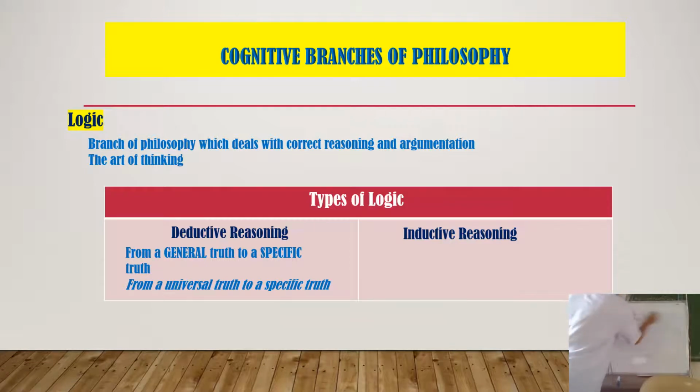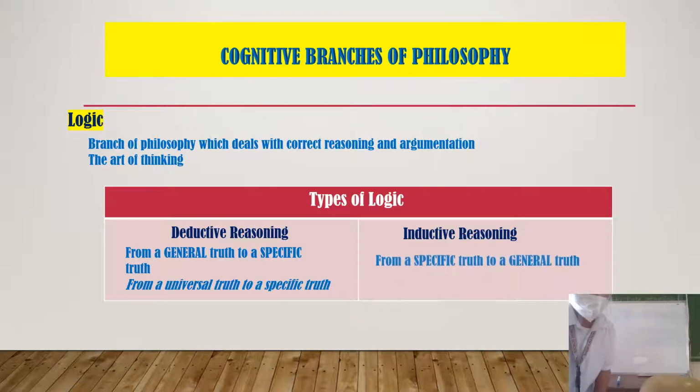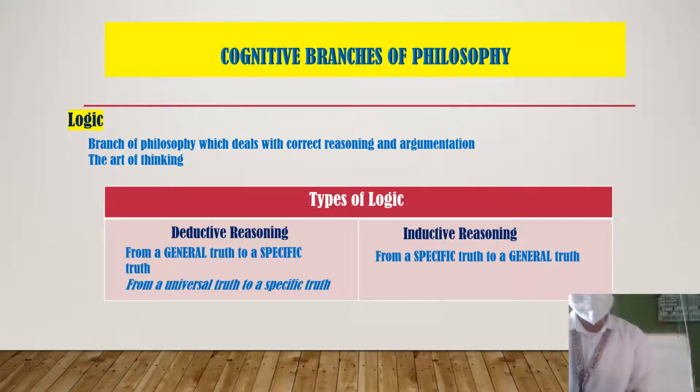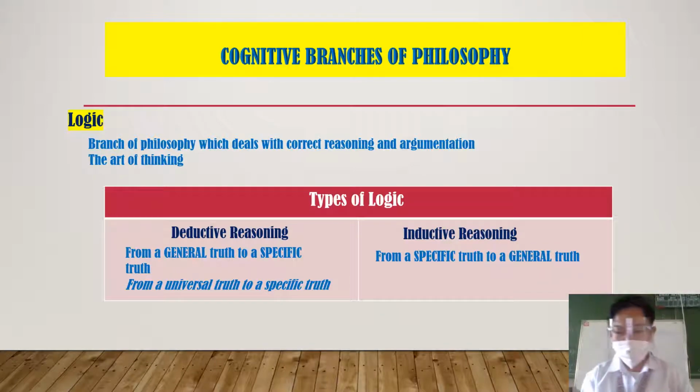reasoning. Okay. Now let's move on to inductive reasoning. So when we say deductive reasoning, it is from a specific truth to a general truth. So it is the opposite of deductive reasoning, di ba? Obvious naman.